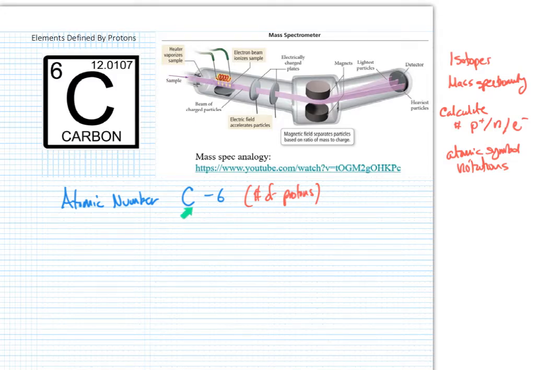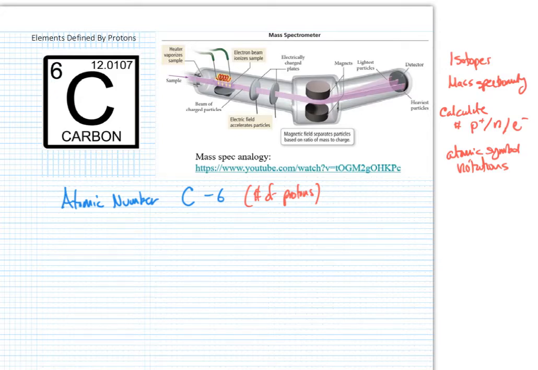Okay, so the protons, that unique signature, makes an element an element. So you can think of it this way: if you know that big number, you already know the element. Even if you don't know it offhand, you can just look it up and say, oh, that's carbon, that's silicon, that's hydrogen, or whatever. Okay, so that's an important key piece.